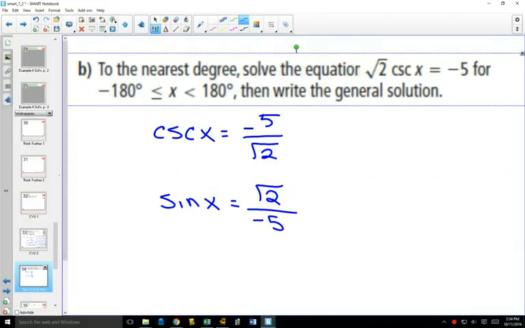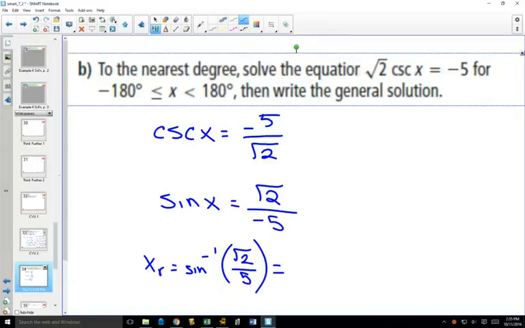Again, it's not on your unit circle, so you have to go to your calculator. Notice this question is in degrees. So the first thing we're going to have to do on our calculator is go to our mode button and change things to degrees, and then do sine inverse. And again, when figuring out your reference angle, always use the positive values.